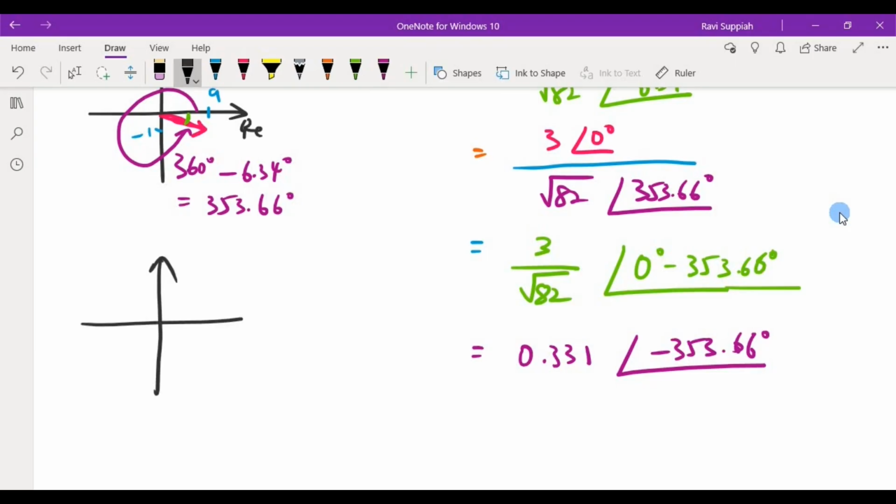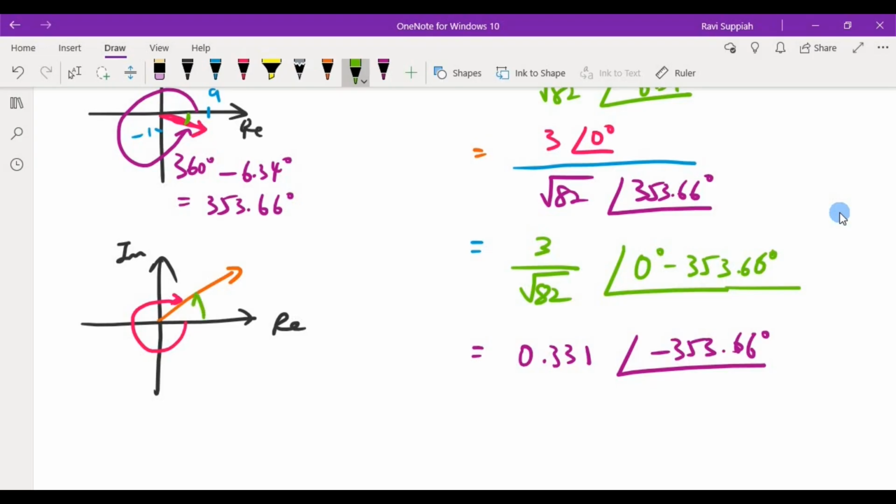Since this is a negative angle, we again need to do the same thing. Draw the complex plane. This is the real and this is the imaginary. So negative 353.66 means going in the opposite direction, so the angle actually went in this direction. And 353.66 means going up to 4 quadrants but in the opposite direction. So we know that the eventual angle would be in the first quadrant here.